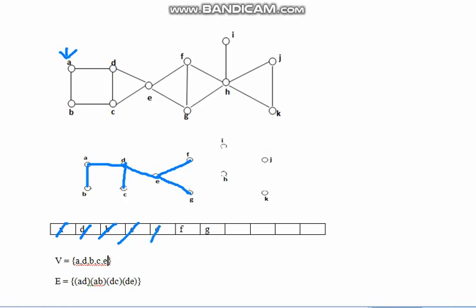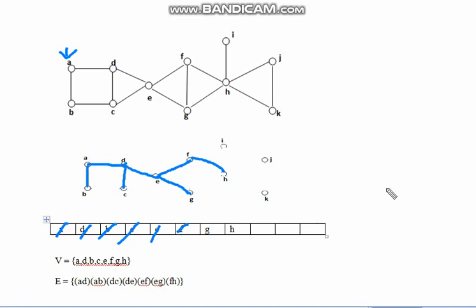Then I visited F, G, and the edges are E to F, E to G. Then from F to G there is an edge, but it forms a cycle, then F to H. So I am visiting H as a new vertex, hence insert it into the queue and add it to the visited vertices set, and the edge F to H. So F's task is over.